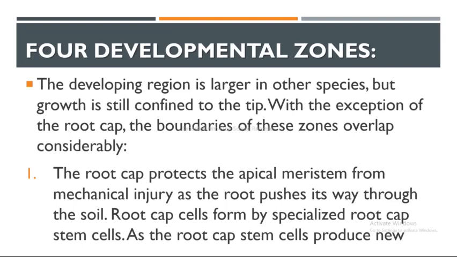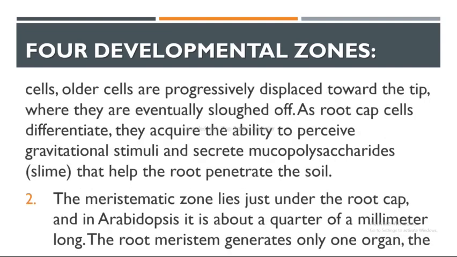As the root cap stem cells produce cells, the older cells are progressively displaced towards the tip, where they are eventually sloughed off. As the root cap cells differentiate, they acquire the ability to perceive gravitational stimuli and secrete the mucopolysaccharides, slime, that help the root penetrate the soil.